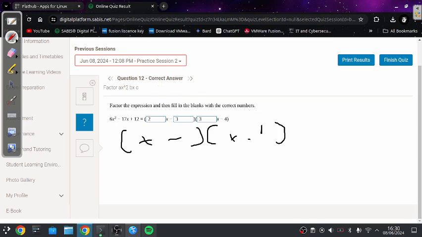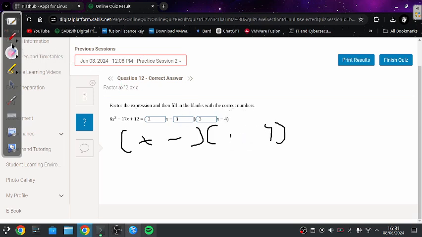So just do it like this. Negative 4. Sorry, I forgot how to draw a 4. So what number makes positive 12 with the term you are given, negative 4?